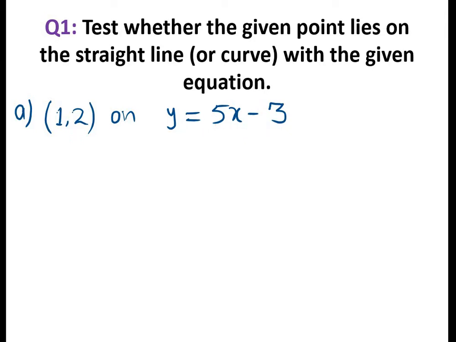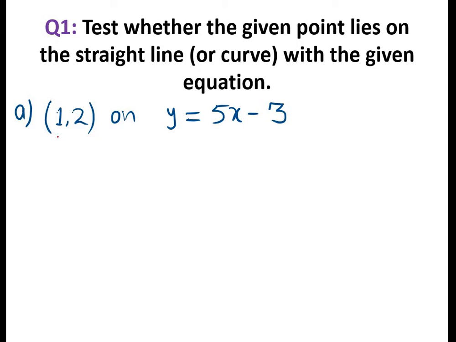By that we mean whether this equation is satisfied or not. If this is not satisfied, we say this point does not lie on that equation, and if it does satisfy, then that point lies on that straight line or the curve.